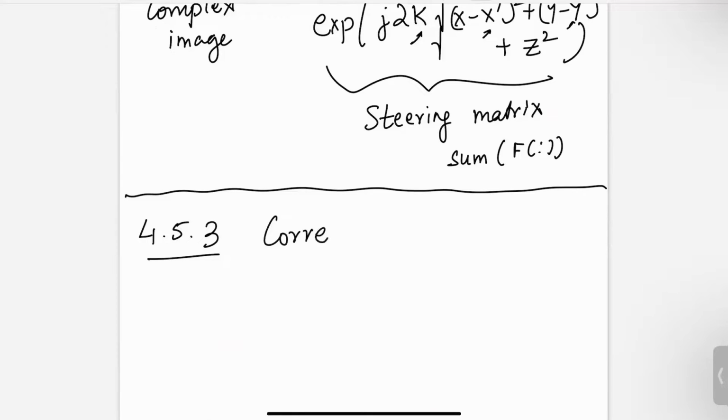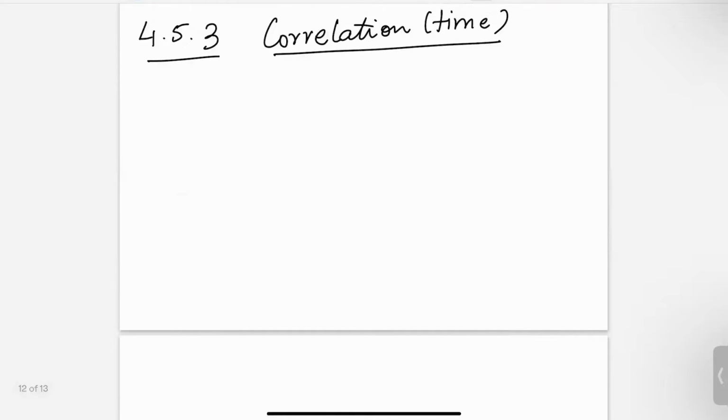So this is correlation in time. It's a different kind of way of looking at this. Okay, so this is simpler, I think, to understand, but mathematically, again, I have my 3 antennas. I have, let's say, 2 targets, A and B. So it's 1, 2, 3.